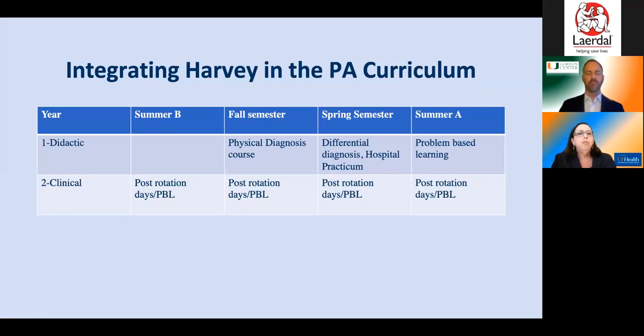So during the first year, year 1, the didactic course, typically a few months into the PA training, we have history taking and physical diagnosis course. And the physical diagnosis course is a great way to start implementing Harvey. And as Ross mentioned, we use this in a scaffolding or a layering advancement of knowledge and skills.